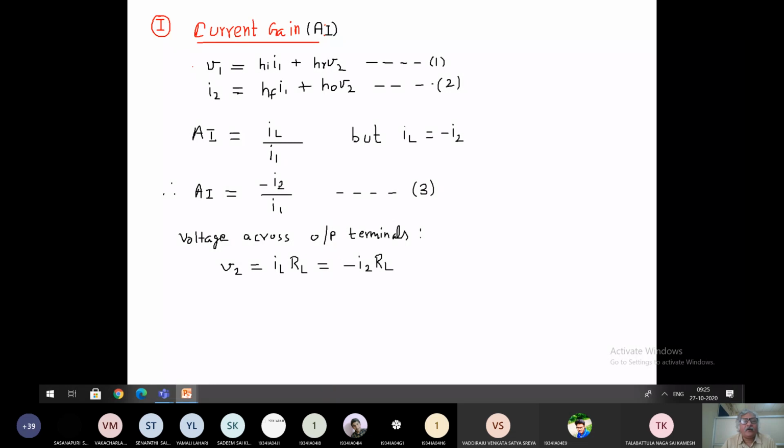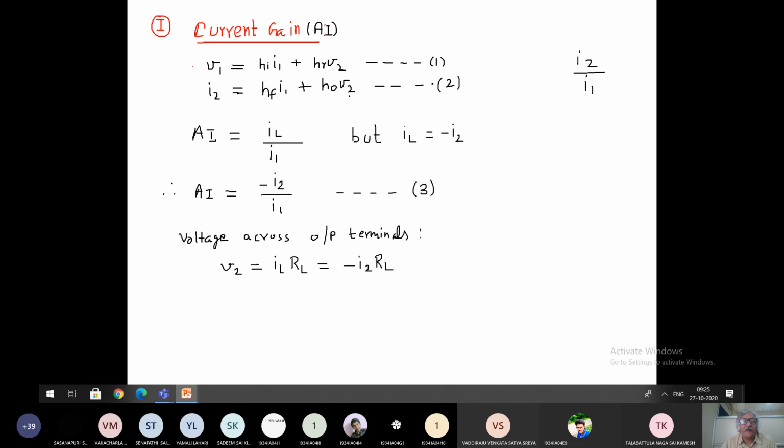Now see, we want a relation between I2 and I1, right? Then we will get the current gain. Now you see equation 2. In equation 2 we have I2, we have I1, but in this term we have ho V2. So we have to eliminate the V2 term from equation number 2, right?